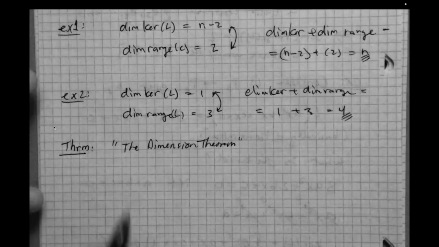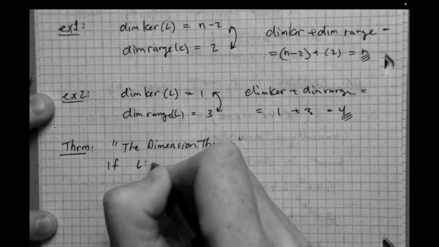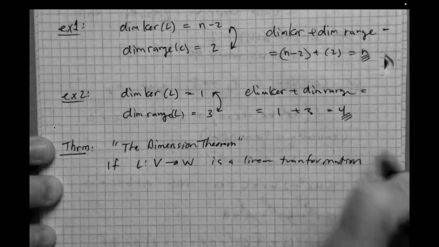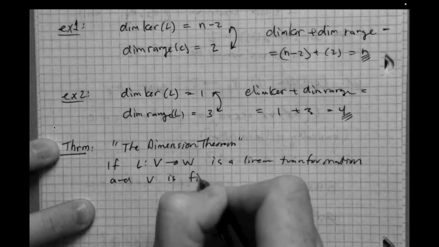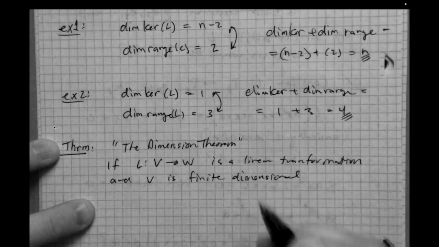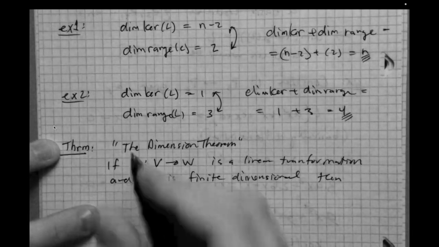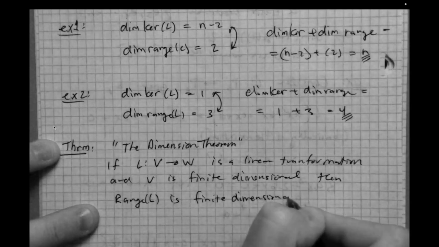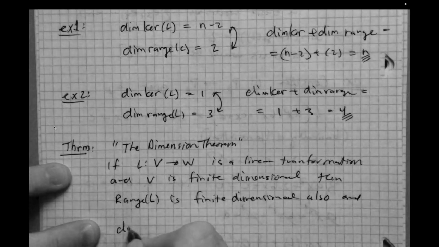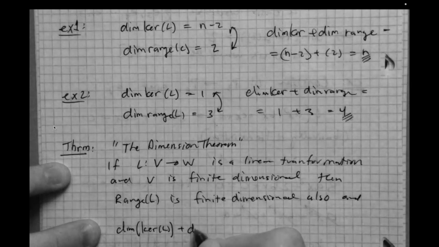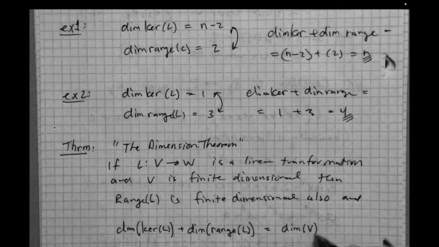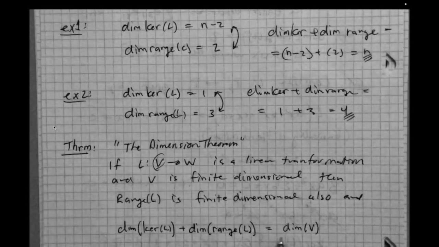If L is a linear transformation from V to W, and V is finite dimensional, then the range of L is finite dimensional also, and the dimension of the kernel plus the dimension of the range is equal to the dimension of V. So the sum of the dimensions of kernel and range is equal to the dimension of the vector space V.